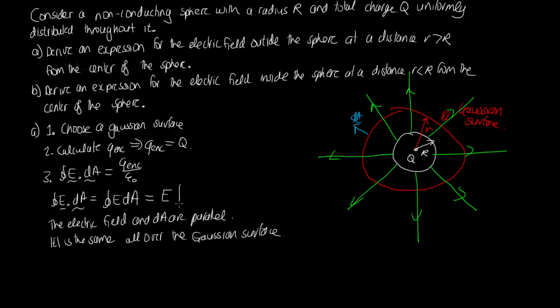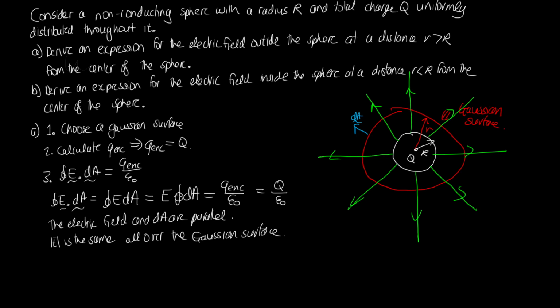So we've now got E times the integral of dA, and then this is Gauss's law, so that is equal to the enclosed charge over epsilon naught, but we have already worked out what the enclosed charge is in step 2. It's equal to Q, and so this is Q over epsilon naught. Okay, so all we need to do now to get the electric field is to evaluate what this integral over dA is.